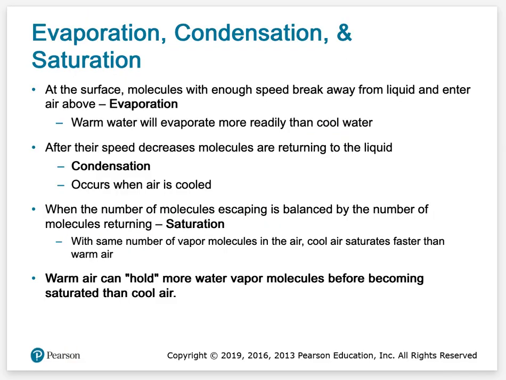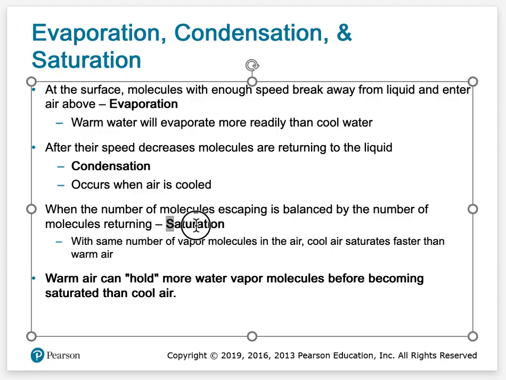So again, when we're looking at evaporation and condensation, we're looking at the processes. Another important term is saturation, and the definition is when the number of molecules escaping is balanced by the number of molecules returning.